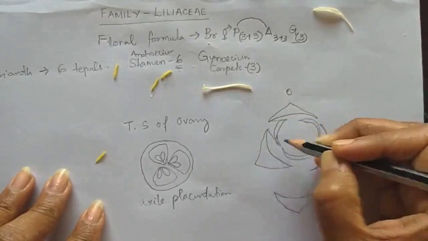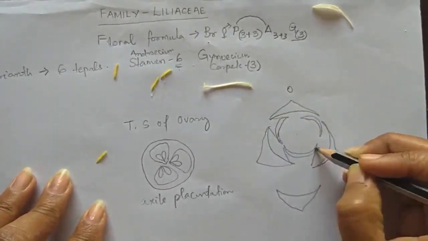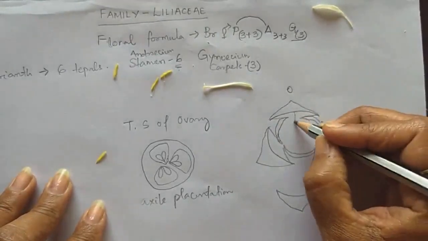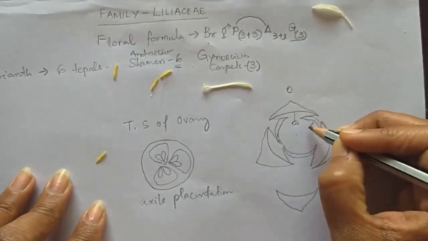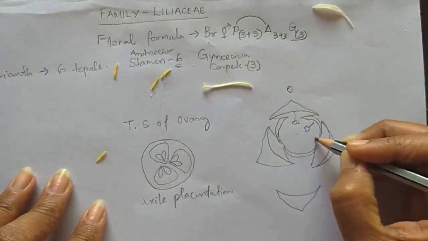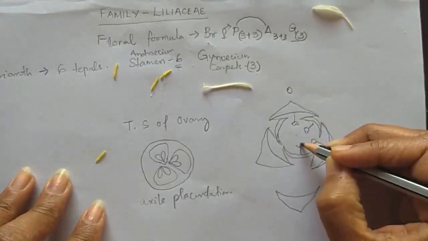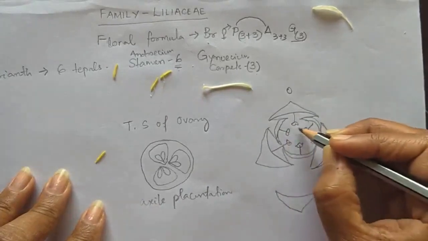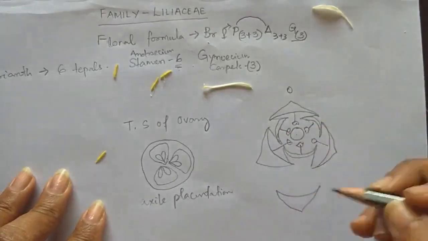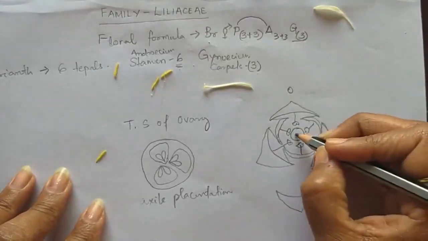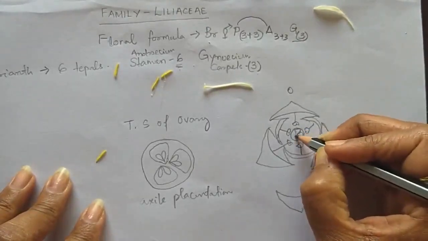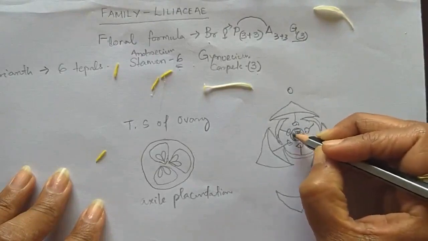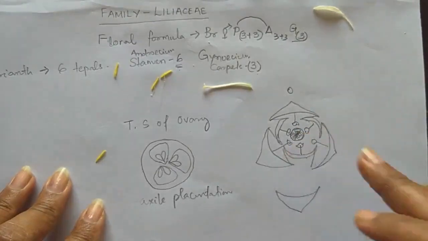They are all joined to form the tube, the perianth tube. And the stamens. In the center, we will draw the section of the ovary, trilocular chamber, each with 2 ovules, and it is axile placentation.